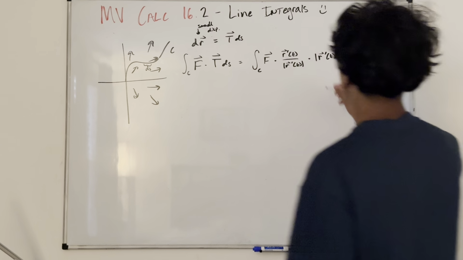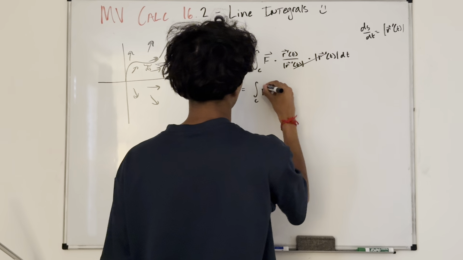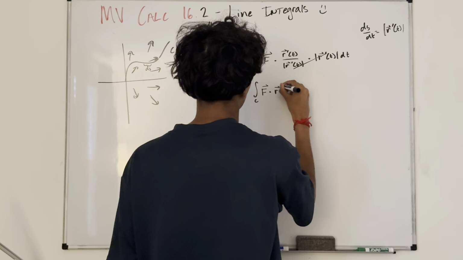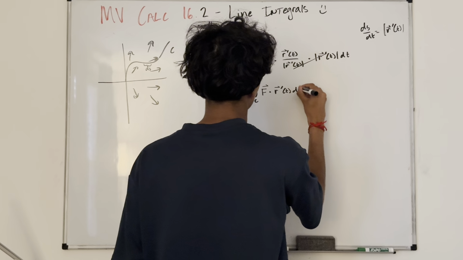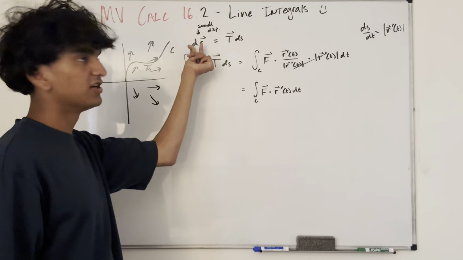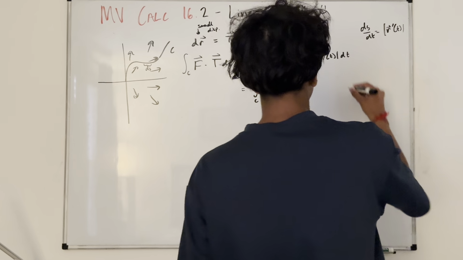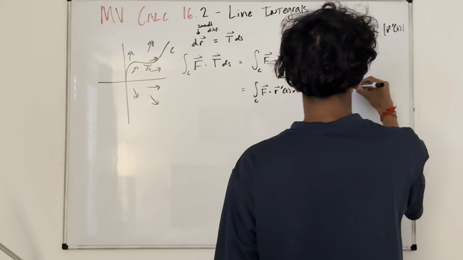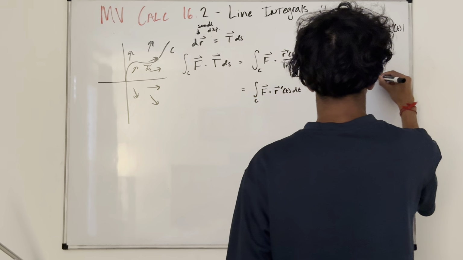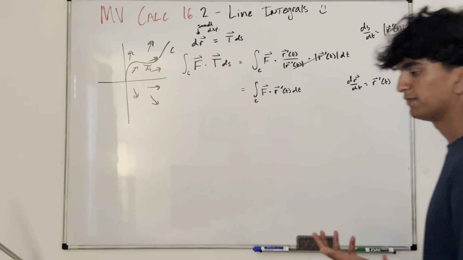So you see that these cancel out, so you're going to be doing the integral over C of F dot r prime of t dt. And this makes sense. r prime of t dt is just dr, right? Because we know dr/dt is equal to r prime of t. So this is actually not too bad, right?